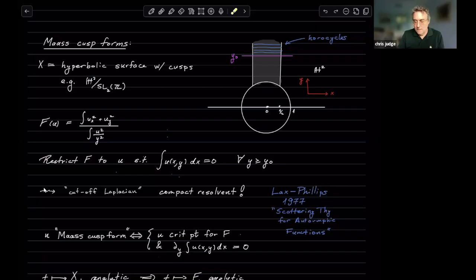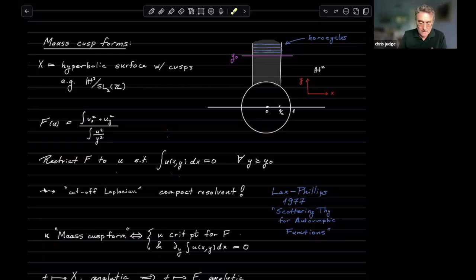So that's for SL2Z. But then the question, well, what about other quotients, not necessarily congruence quotients? What happens for other hyperbolic surfaces? And there's a whole moduli space of such things.